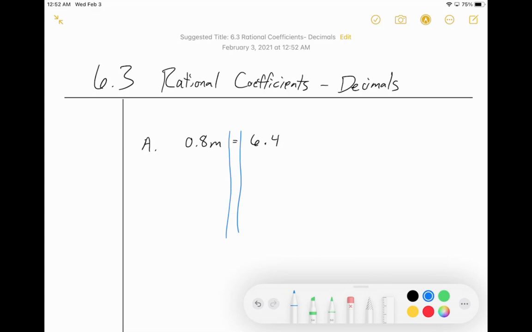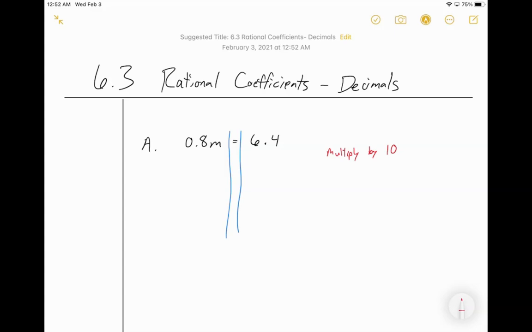But this is what I'm going to do. I'm going to use a little hack here, and I'm going to say, you know what? I'm going to multiply both sides by 10. Now, why would I do that? Well, think about it. If I multiply both sides by 10, what happens?